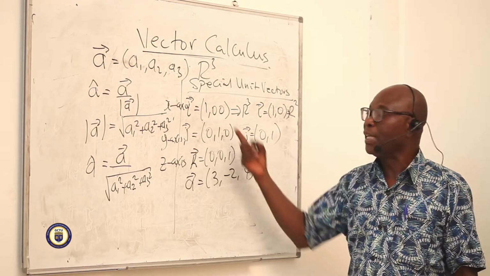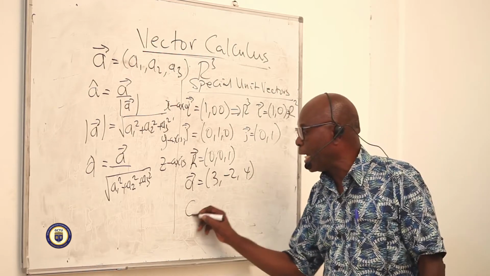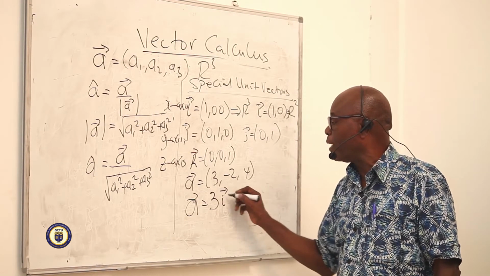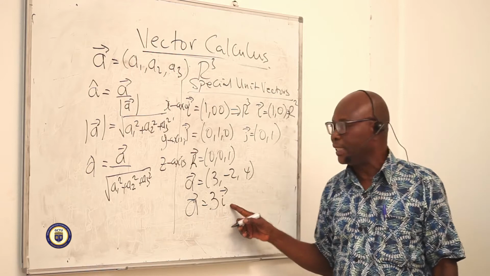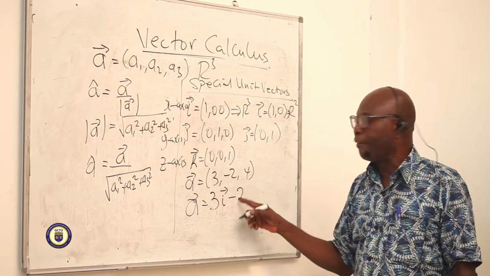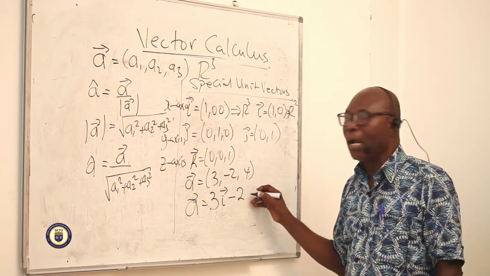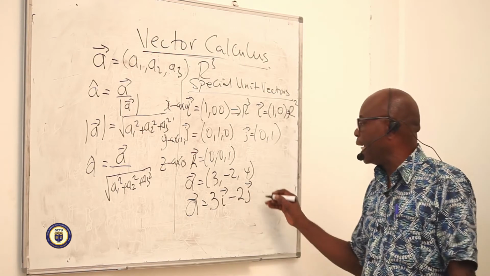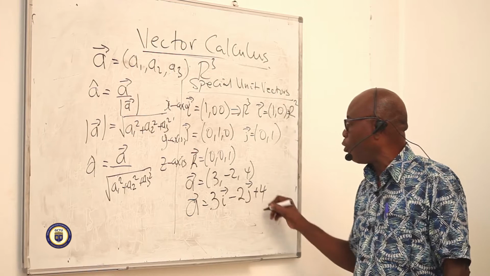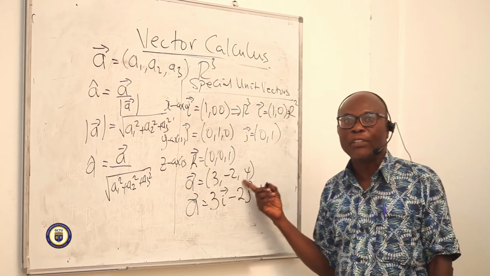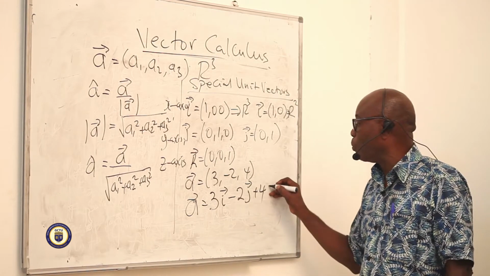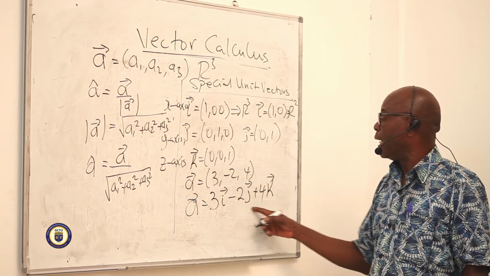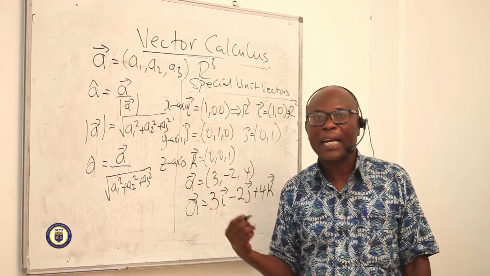But using the unit vectors, A can be defined as 3 in the direction of the unit vector i on the x-axis, minus 2 in the direction of the y-axis, whose unit vector is j, plus 4, which is the Z component, times the unit vector k.